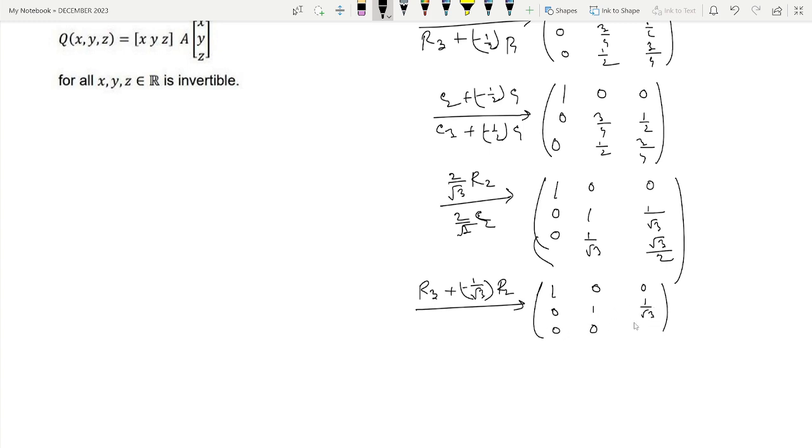This is 0, and this will be root 3 by 2 minus 1 by root 3 into 1 by root 3. So this will be root 3 by 2 minus 1 by 3, whatever.